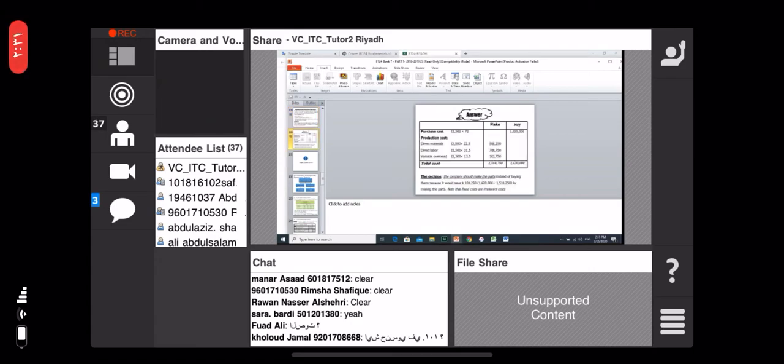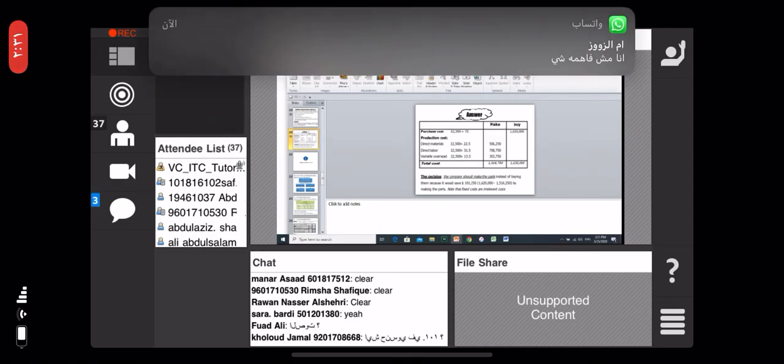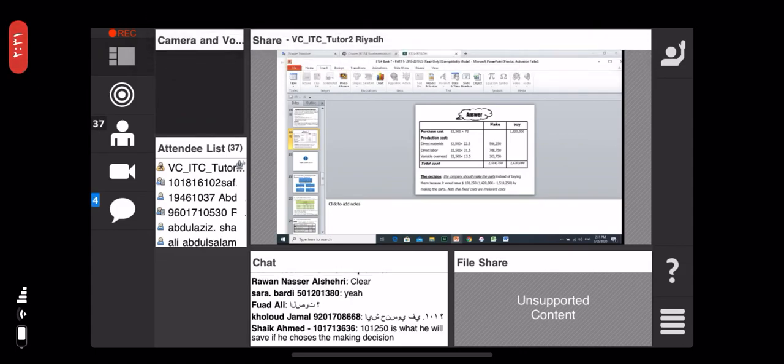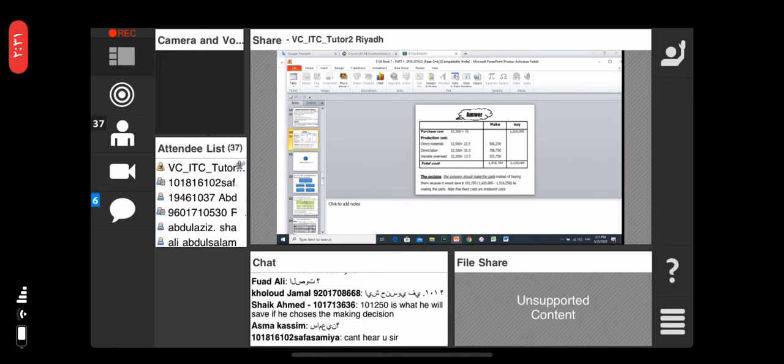A difference between the purchase and make just to help your decision. When you go to making, your cost will be 1,518,000, and for purchases 1,600,000.